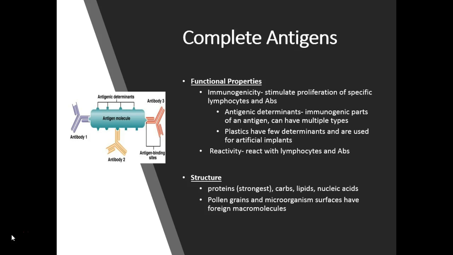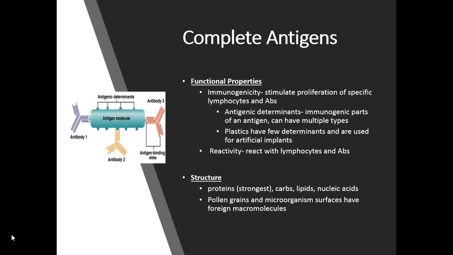Most antigens have many epitopes, but each one of those is going to induce the production of a specific antibody or activate specific T cells. So the antigenic determinants, also called epitopes, determine specifically what type of antibodies will be made or what type of T cells will proliferate to help destroy these.